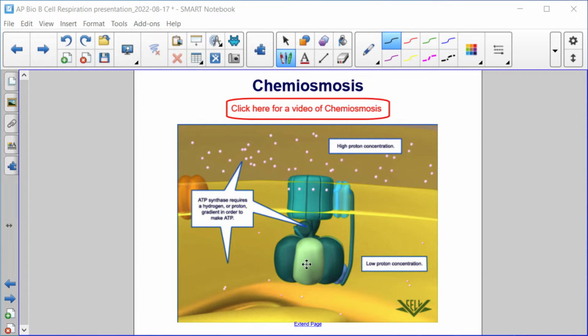Once three protons have entered the matrix space, there's enough energy in the ATP synthase complex to synthesize one ATP. So, in other words, hydrogen ions flow from here into the ATP synthase, and once three of them are there, then we can make ATP.